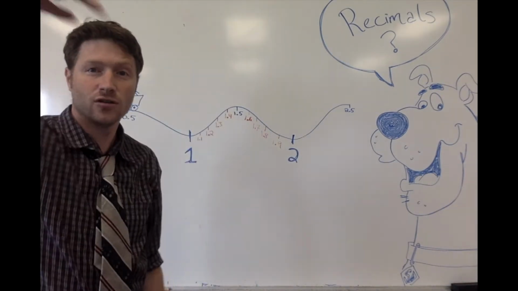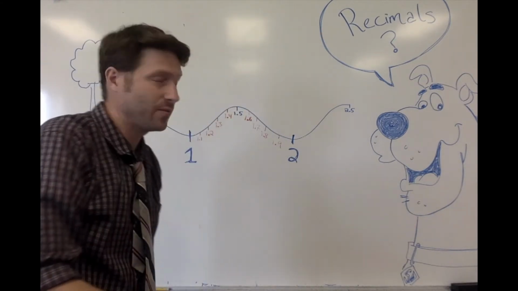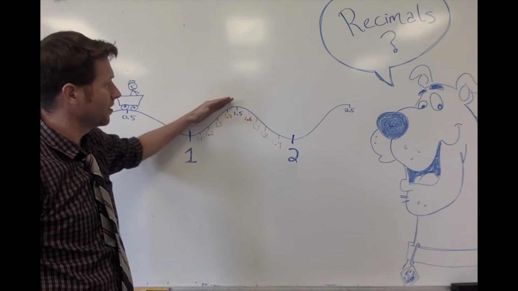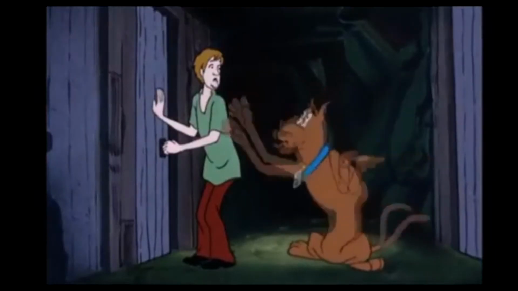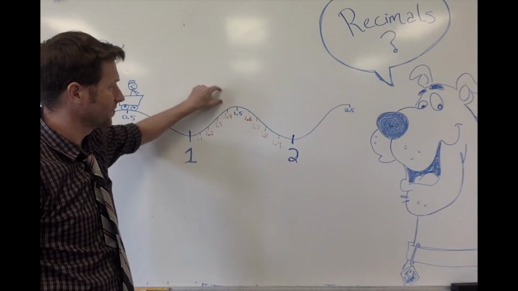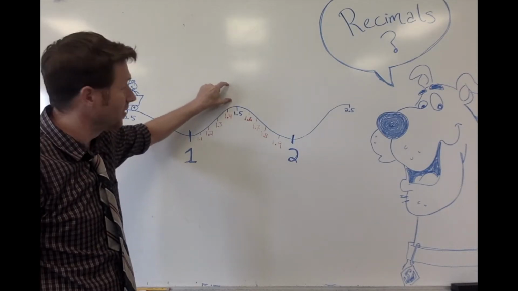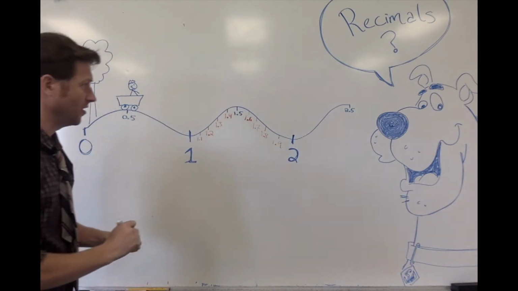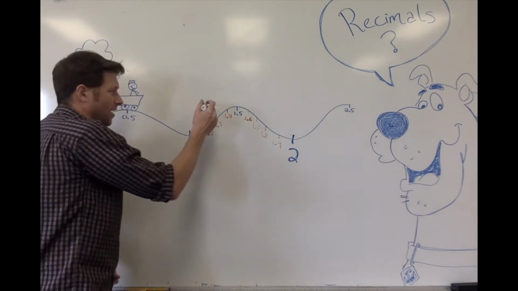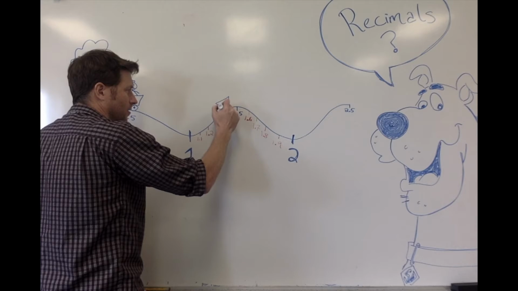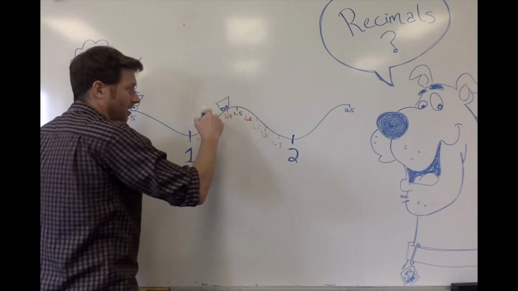In the cartoon, Scooby's going up and down, up and down, up and down, and they get to the top of the hill, and right about when they get to the top of the hill, they run out of steam. And the minecart stops, and then it rolls back down. So depending on what number you stop on, say if the minecart stopped right here on 1 decimal 4, what's going to happen to that cart?